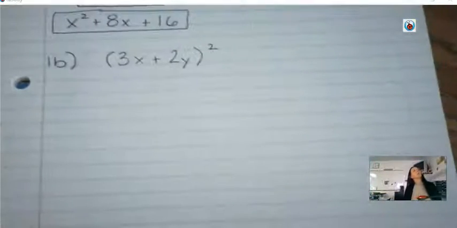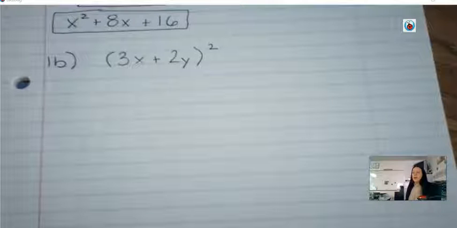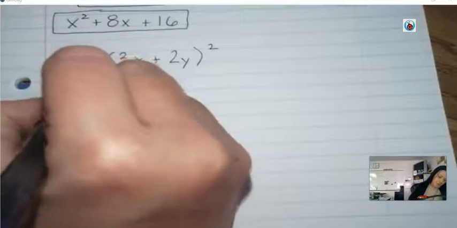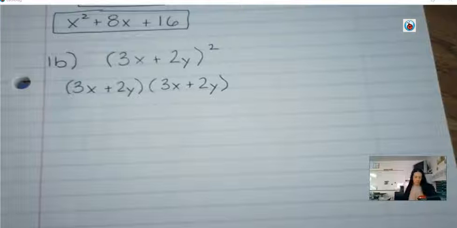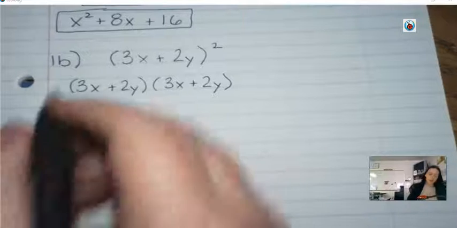(3x plus 2y) squared. Again, I'm going to do the long way and then also the shortcut way. Okay, 3x times 3x.